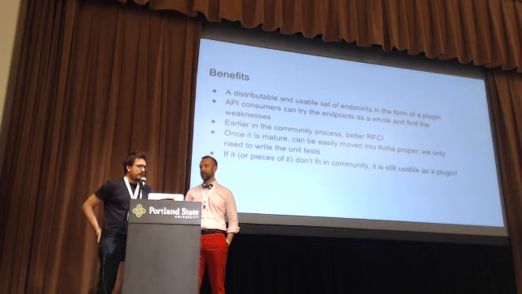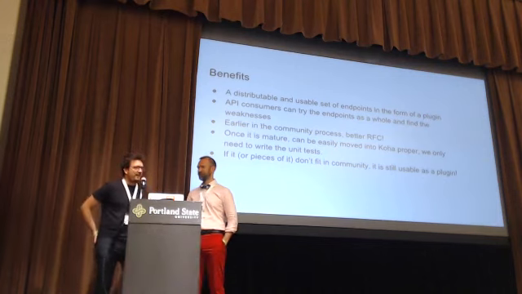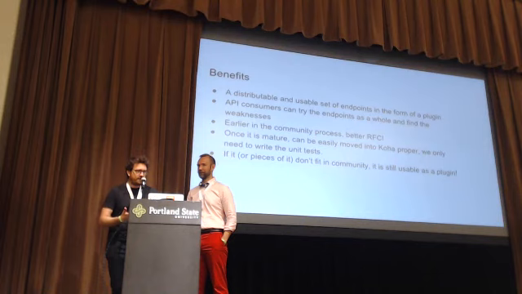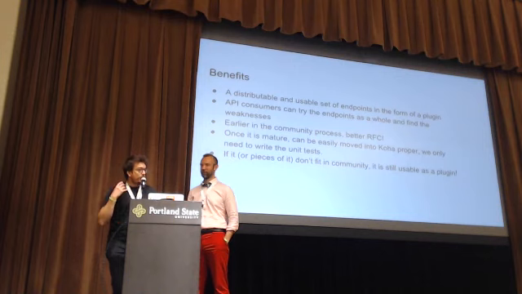For example, if you want to harvest all your records and you need some more information, you will notice you don't have enough information, and people will say, okay, we need one more endpoint for this. We can just add that endpoint to this plugin and move on, you know?